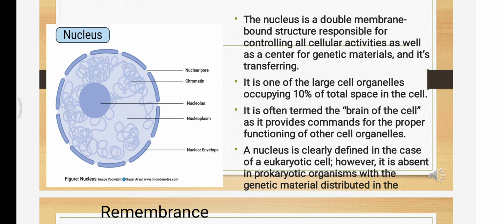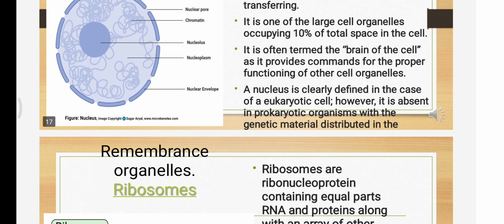It is often termed the brain of the cell, as it provides commands for the proper function of other cell organelles. A nucleus is clearly defined in the case of a eukaryotic cell. However, it is absent in prokaryotic organisms, with the genetic material distributed in the cell.